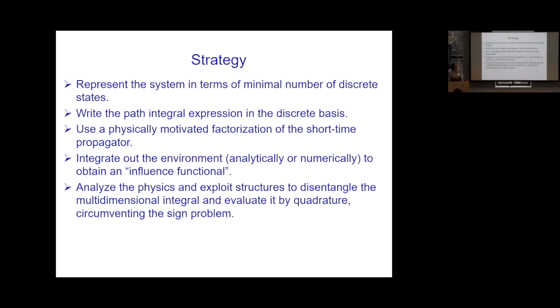We're going to write the path integral expression in this discrete basis. We're going to use physically motivated propagators and integrate out the environment analytically or numerically to get an influence functional. And then we're going to exploit the physics and see if we can devise certain decompositions that allow us to evaluate the path integral by quadratures, and this way to circumvent the sign problem.